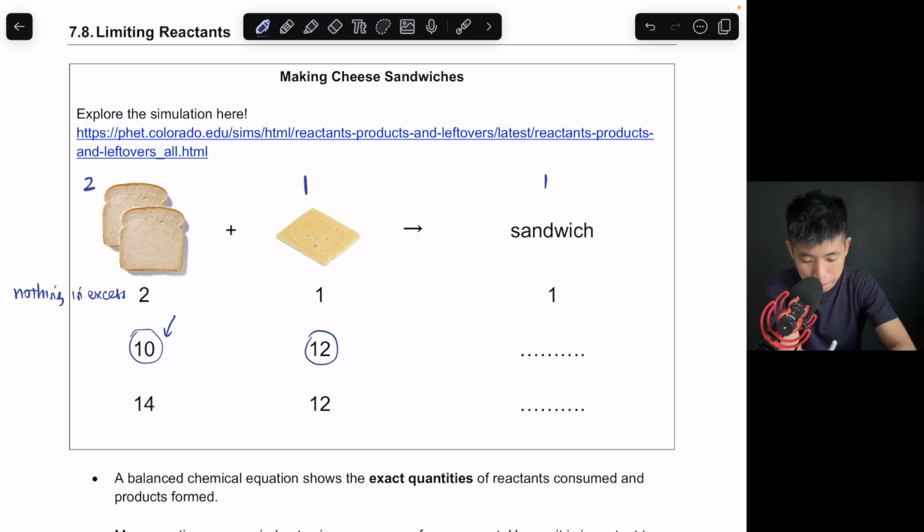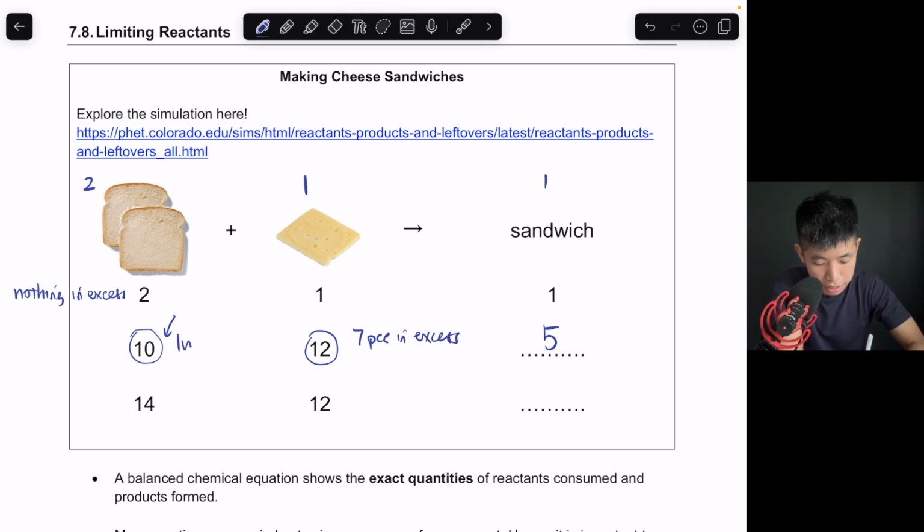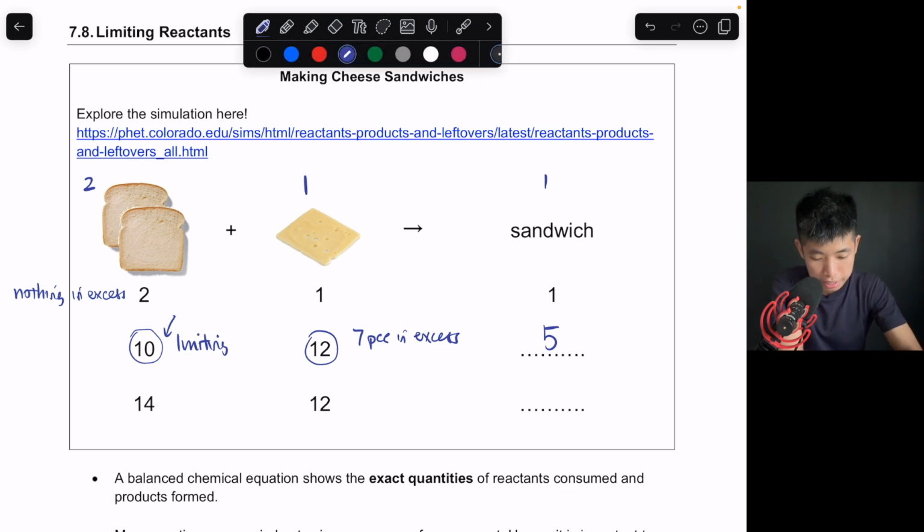So I'll use up all my bread to make just 5 sandwiches. And in making those 5 sandwiches, how many slices of cheese do you use? You use 5 pieces also, right? Which means there are 7 pieces in excess. In other words, we say that the bread here is limiting. Okay, limiting means that it's totally used up in the reaction. Okay, not enough.